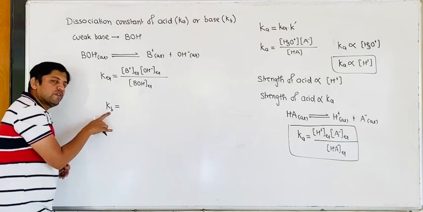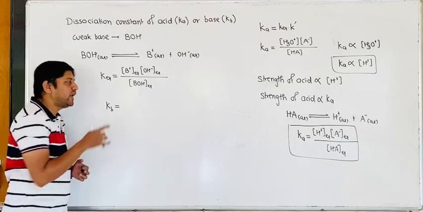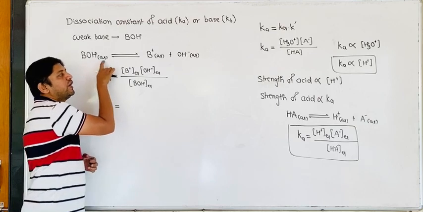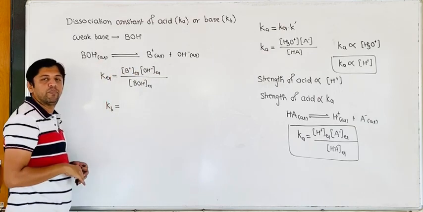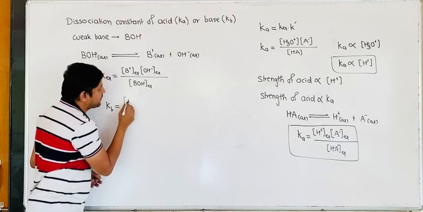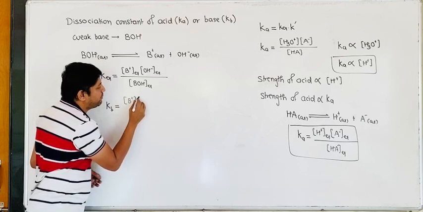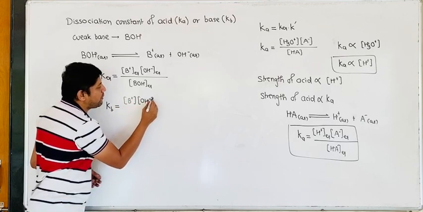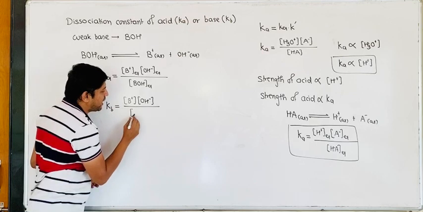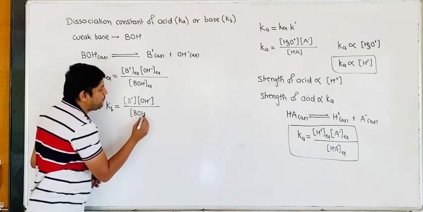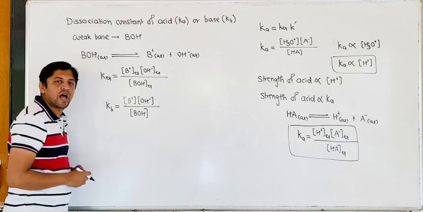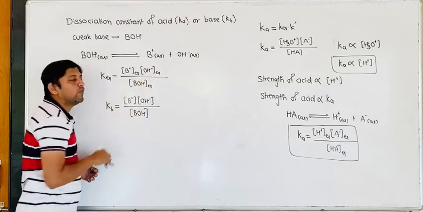So the dissociation constant of weak base is nothing but the equilibrium constant for a dissociation reaction of weak base. Kb is equal to the concentration of B plus times the concentration of OH minus ions divided by the concentration of BOH, provided all these concentrations are measured at equilibrium.